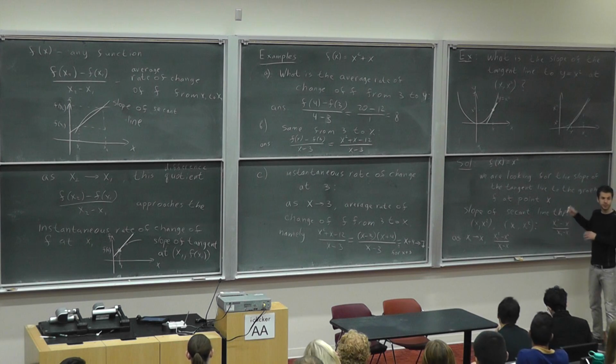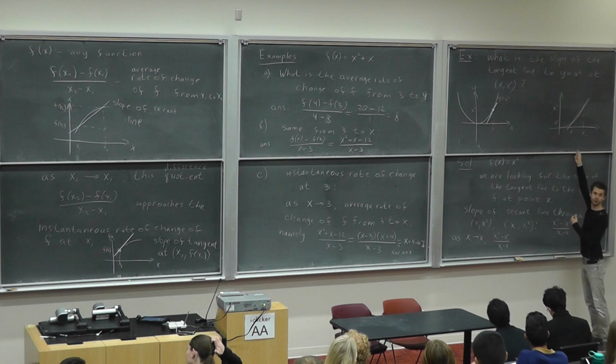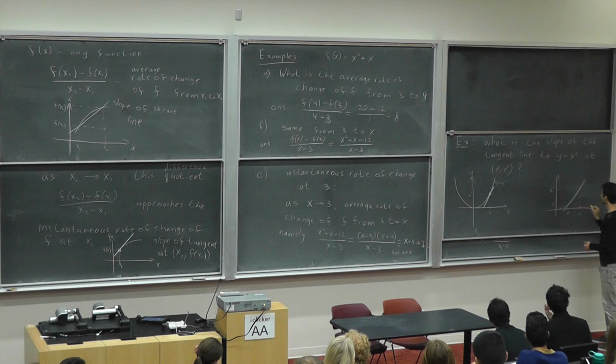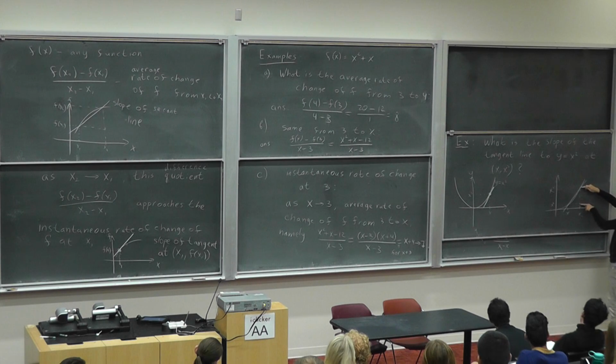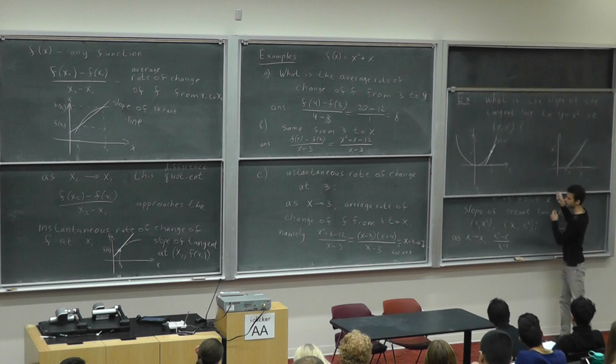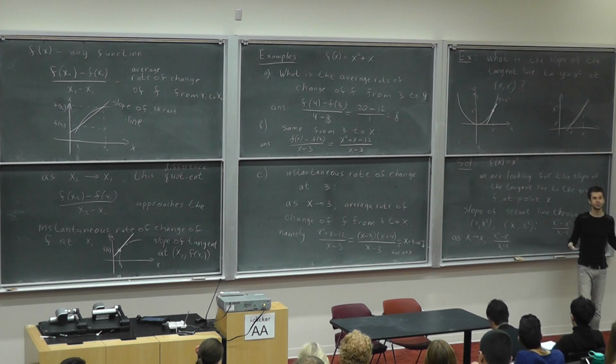In fact, it was obvious from the picture that that's what would happen. Because you see, the difference in y values at this distance, the difference in x values at this distance. As x2 is closer and closer to x, both quantities become really small. So each one of them is really small, but the quotient doesn't have to be small.